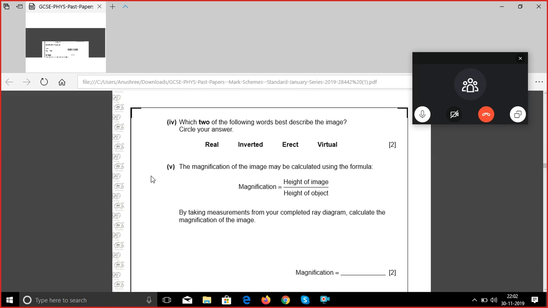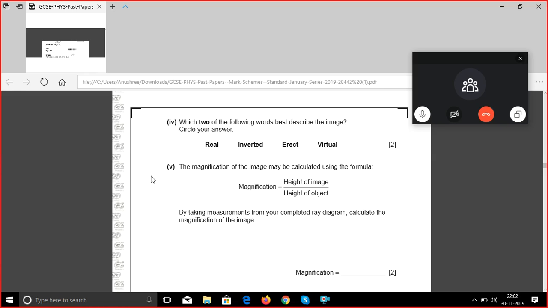So the object is 3 centimeters. And what's the length of image? 4.5. Yes, that's correct.